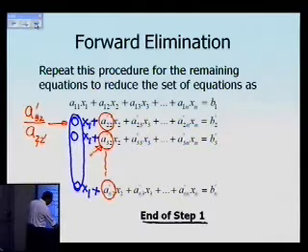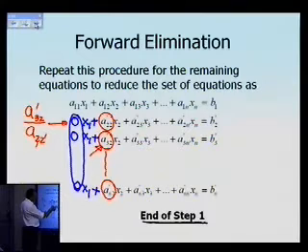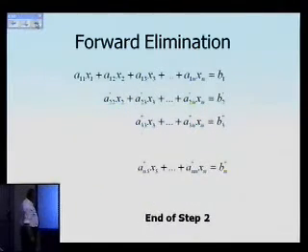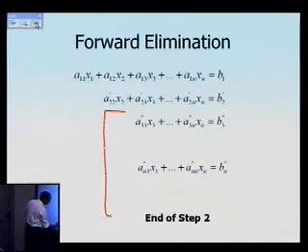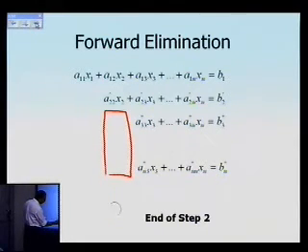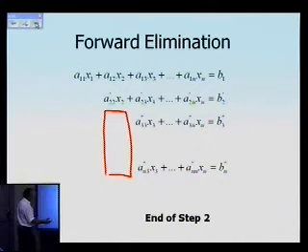And you want to use the same methodology to make every element below the second row in the second column 0. And this is what you're going to end up with. If you look at this particular portion of the equations right here, they are all going to become 0 by following the procedure which I talked about. So you don't see any elements of x2 here. The coefficients are all 0. So that's the end of step 2.